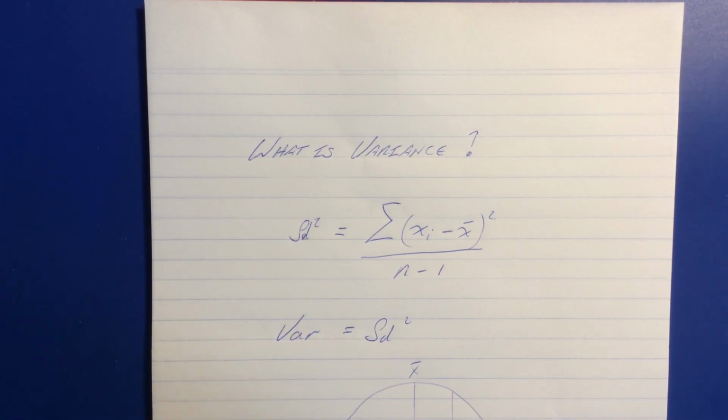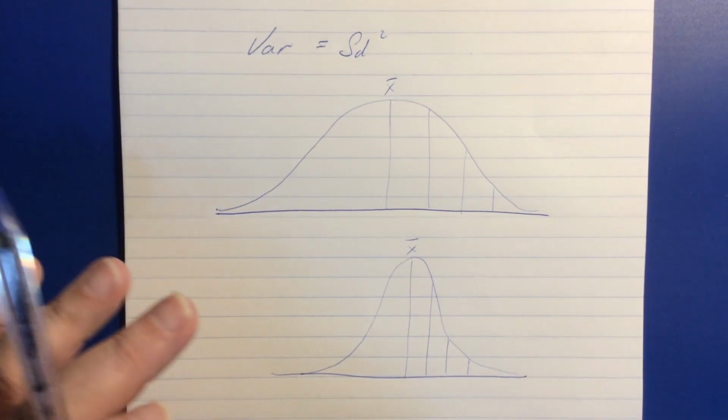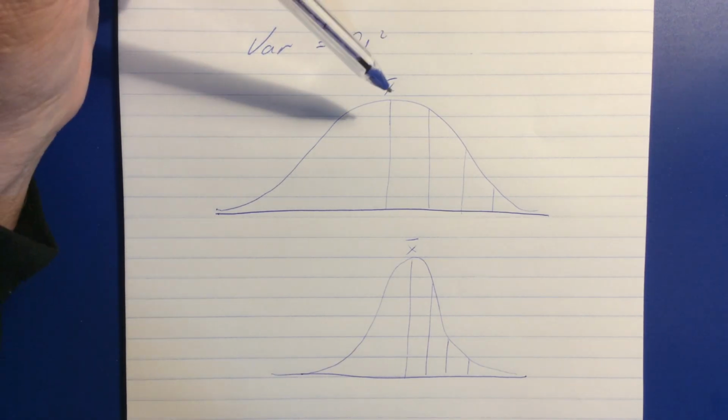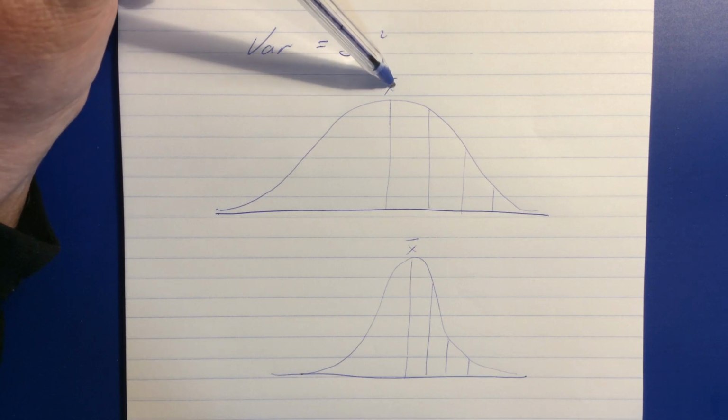So far I've talked more about standard deviations, I guess, than variance. So how would I define variance? And that's the purpose of this video. This is a short video to define the idea of variance. Variance is the variability of data about the mean.